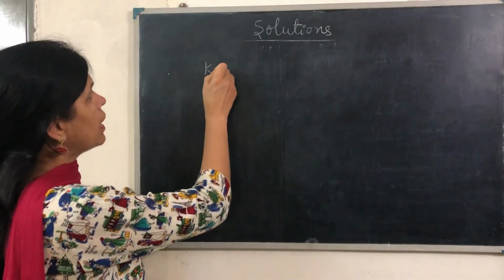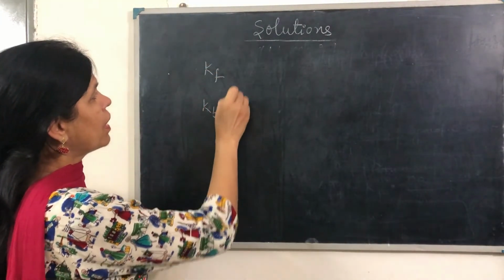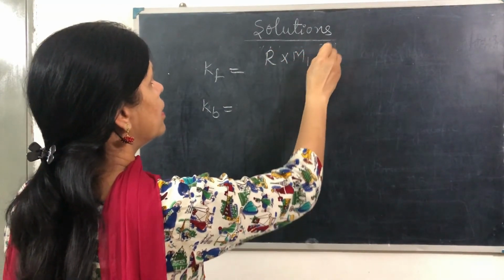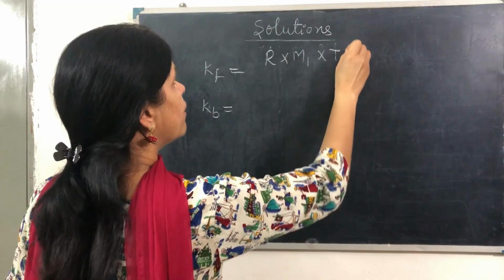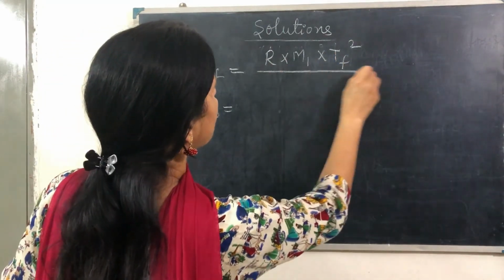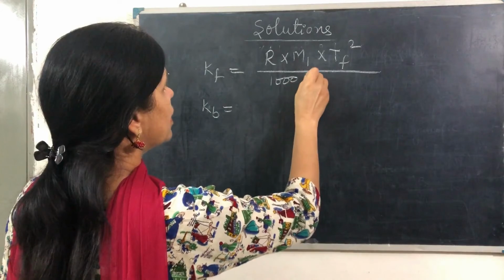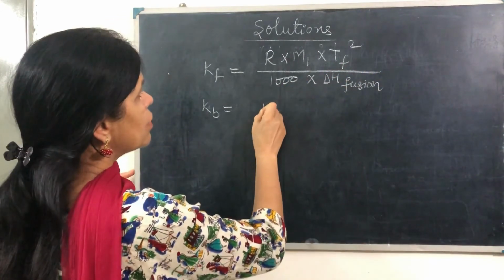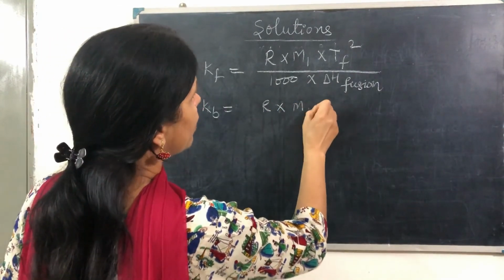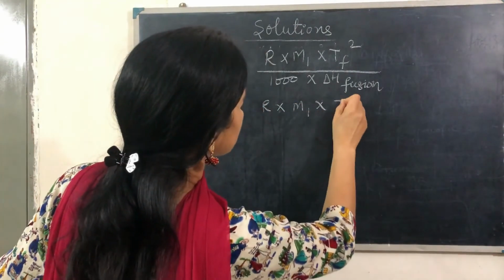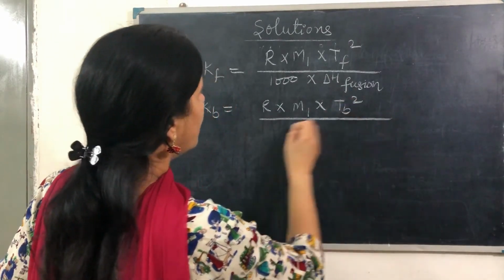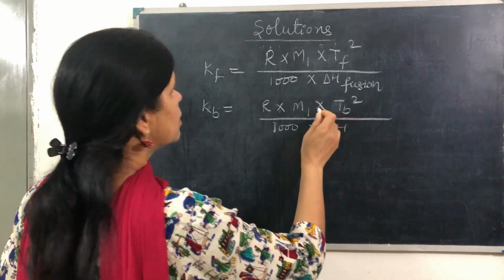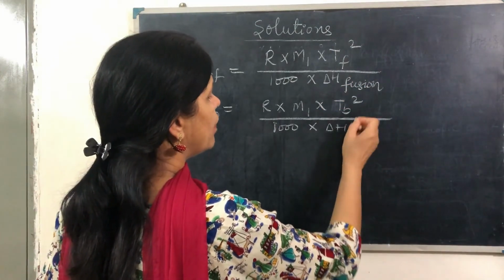KF is equal to R into M1 into TF square upon 1000 into delta H fusion. And KB is also written as R into M1 into TB square upon 1000 into delta H vaporization.